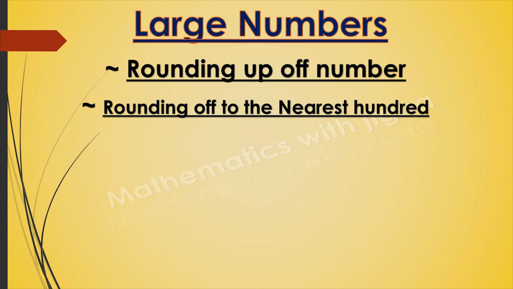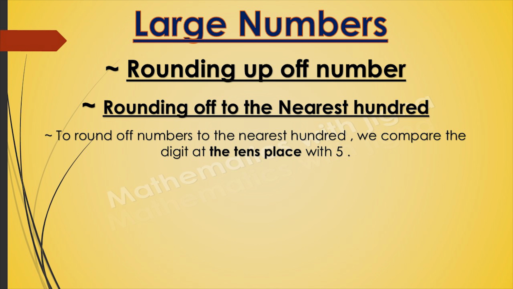Now we'll talk about rounding off to the nearest 100. To round off numbers to the nearest hundred, we compare the digit at the tens place with 5. If the digit in the tens place is less than 5, we replace the digits in the tens and ones places by 2 zeros and rest of the digits remain same.